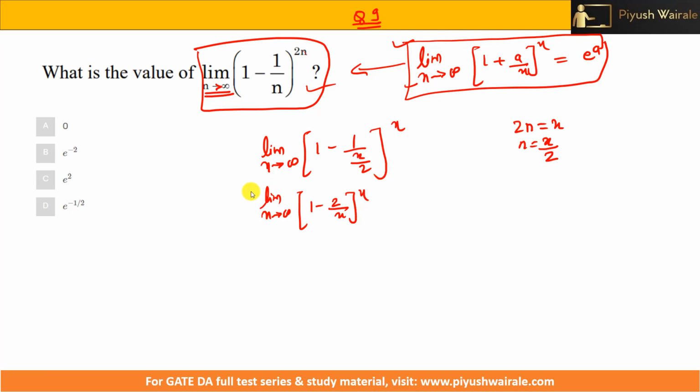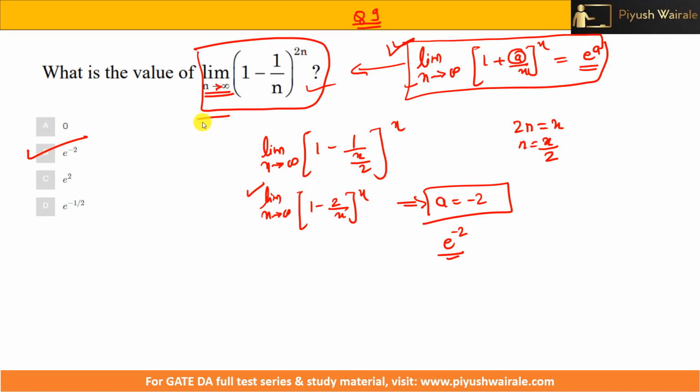Now this expression is similar. The only difference is that the value of a in this case is minus 2. The output will be e to the power a, that is e to the power minus 2. Simple. If you remember this property, solving this type of expression is very easy. So the answer will be option B.